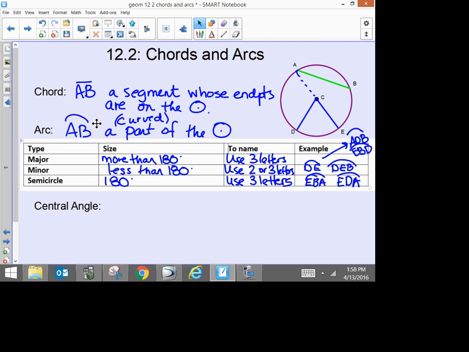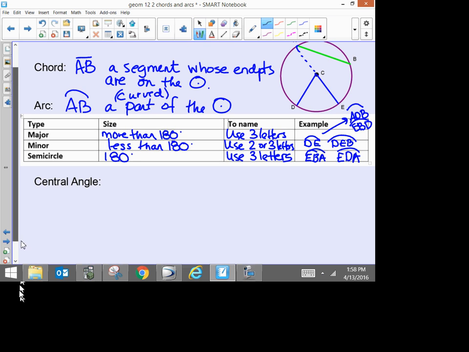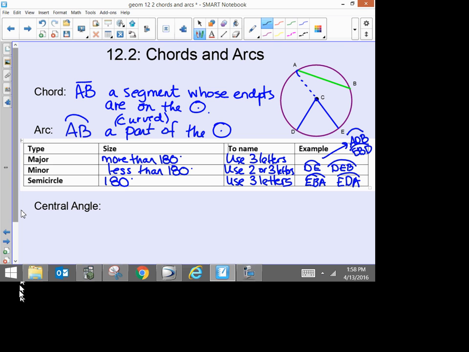All right. Again, central angle, what is that? Let's look at the central angle. Do you remember we talked about that last chapter too? Angle, give me an example. DCE, right. And what's the definition of a central angle? Ellie?